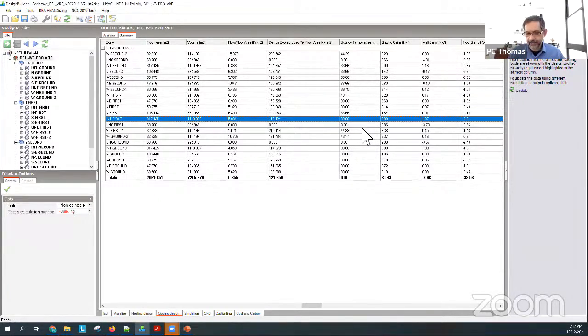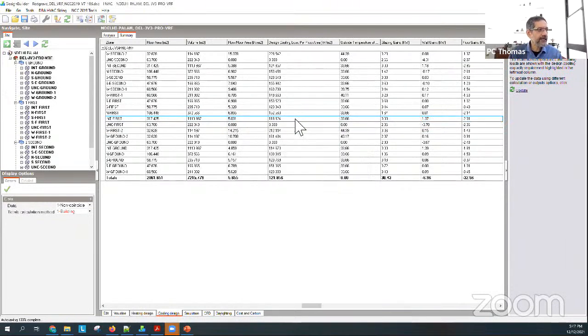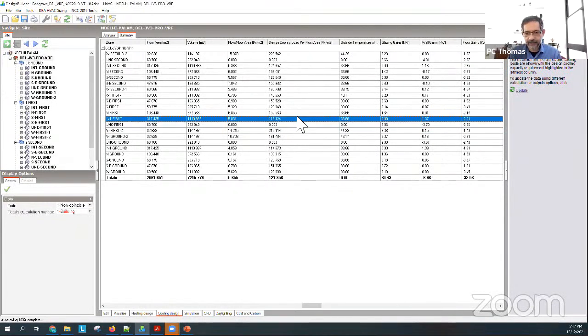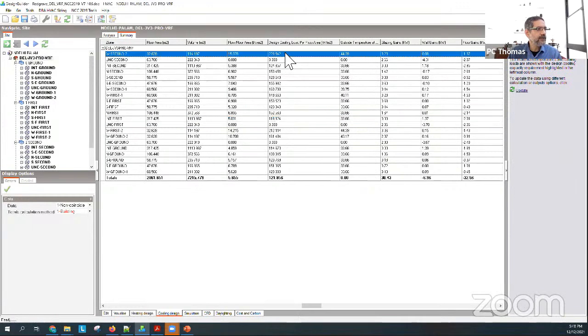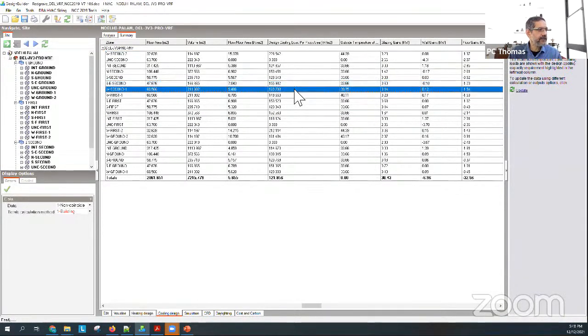It's not seeing any load from solar radiation gain, and not any load from conduction between the outside and the inside. So the loads are much smaller. So 118 watts per meter squared. Compare that to 288 over here, 155, 160. These are all quite strong loads.